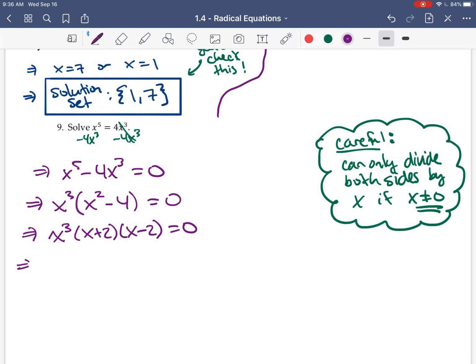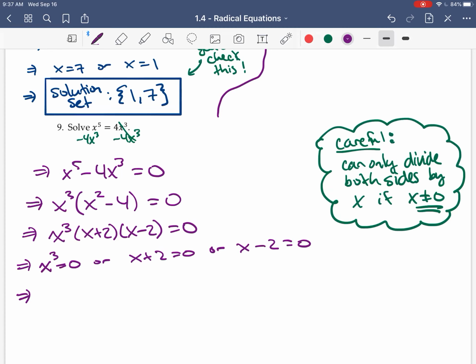Now each of these 3 things, x cubed, x plus 2, x minus 2, one of them has to be 0 in order to equal 0. So we get x cubed is 0, or x plus 2 is 0, or x minus 2 is 0.